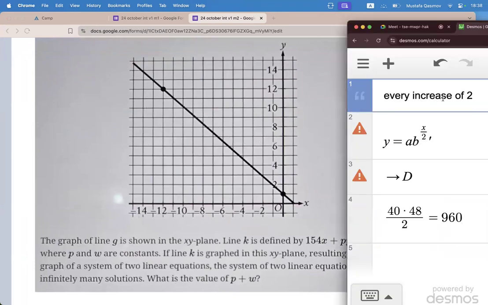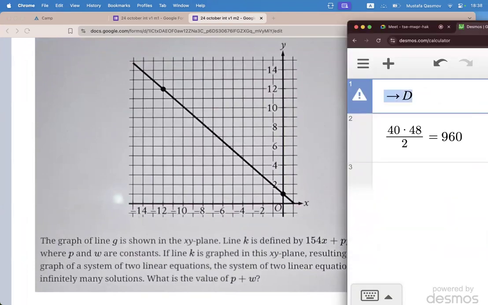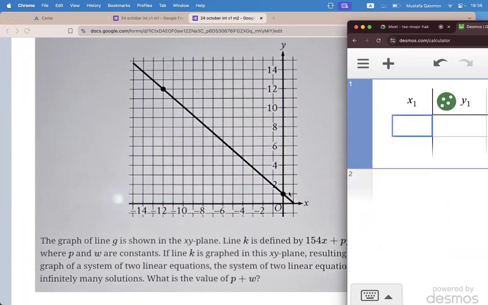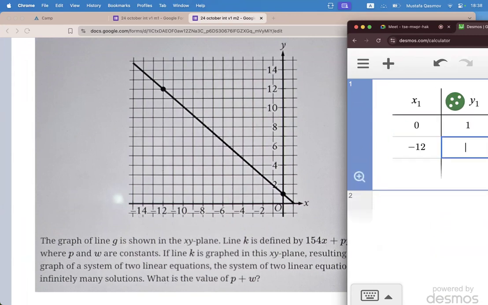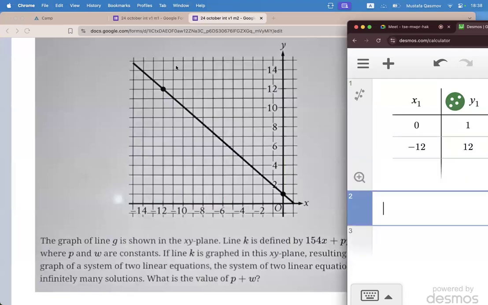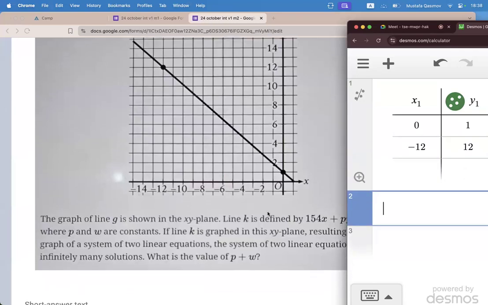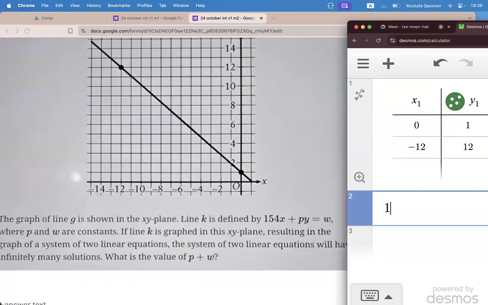Okay, what point do we have here? It is 0 and 1. It is negative 12 and 12. Then write it here.